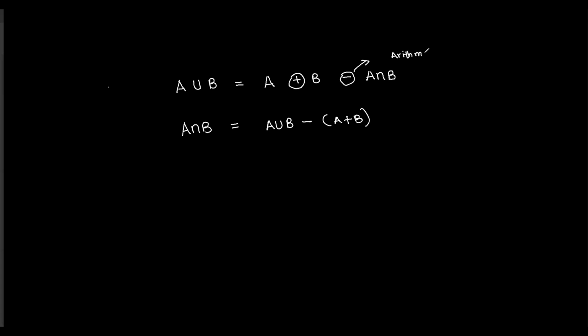In set theory, we have a famous relationship that we use multiple times, even in probability: A union B is equal to A plus B minus A intersection B. By using this, we derive an equation for A intersection B, which will be A plus B minus A union B. But here, plus and minus are arithmetic operators, which means we can't use them directly in relational algebra.